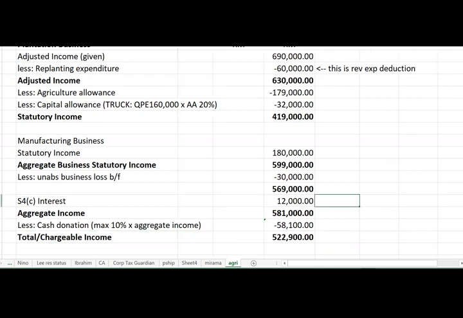Okay, now the question did say, right, that this is a small company. So I just do the tax here. On the first 500,000, you pay tax at 17%. And then the 22,009, you pay tax at 24%.